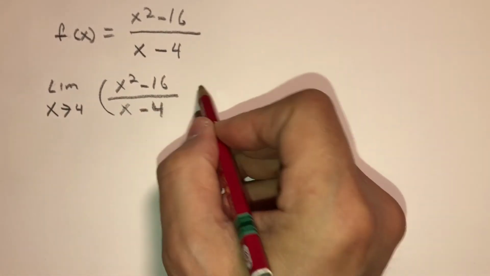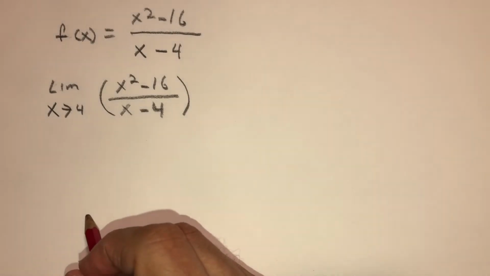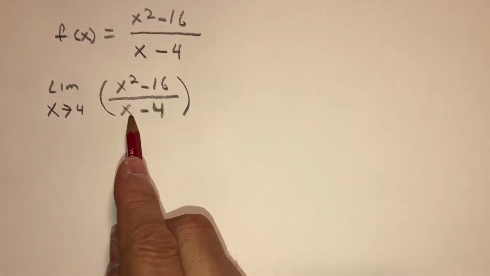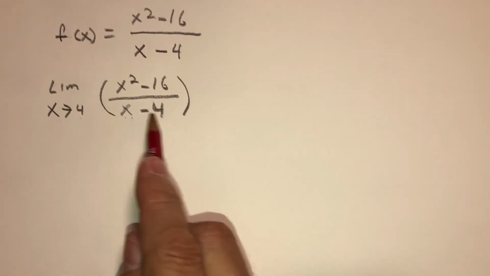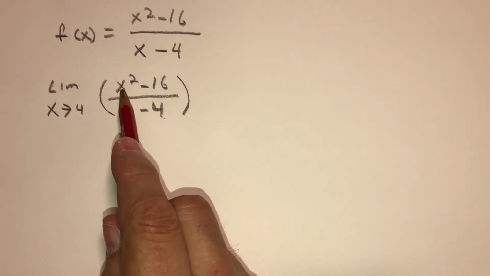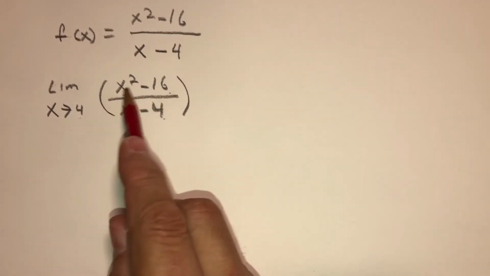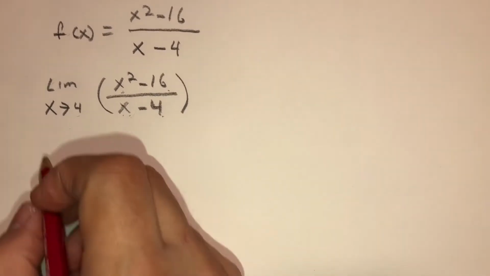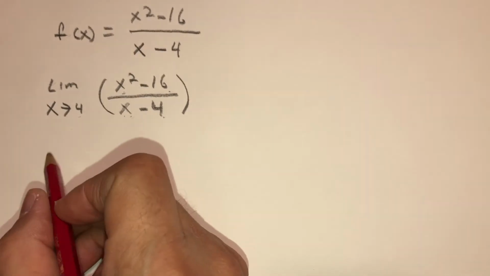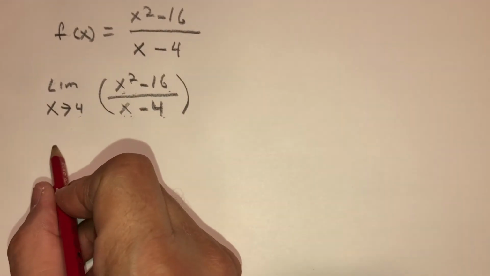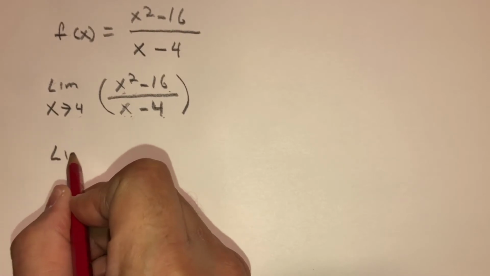Say we want to do that limit. So we see if we plug 4 directly in here, we get division by 0, right? 4 minus 4 is 0. Plug it into the top, 4 squared is 16, so 16 minus 16, we get 0 over 0. That's an indeterminate form. So what we can do in this situation is try to factor this. So let's see what happens when we do that.